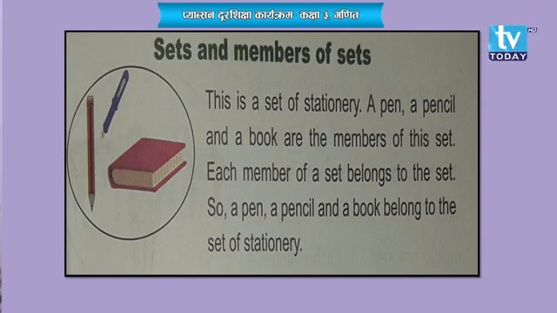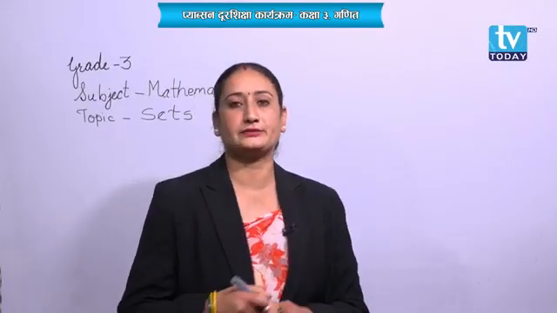So students, that means you are learning about sets and the members of a set through this picture. Same like this, we can say a set is a collection of well-defined objects. Can you write it? Make a note on it.